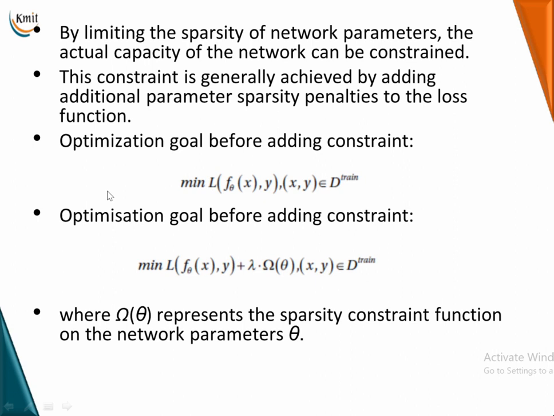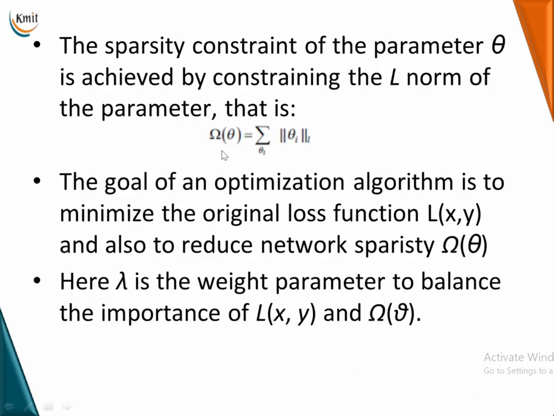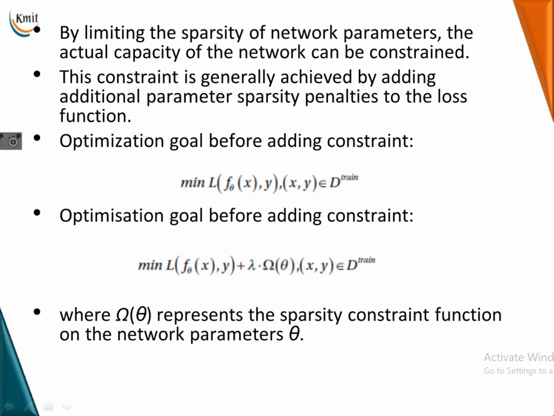So what is your optimization goal? Before you add any constraint, we will write it as: you have a loss function, and you have the input and output of a particular model, correct?